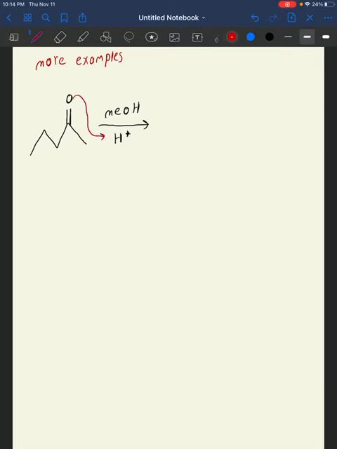Oxygen comes in, grabs hydrogen. This is now positively charged. We can now have some resonance occur up into the oxygen, and this oxygen can now come in and attack at that carbon.